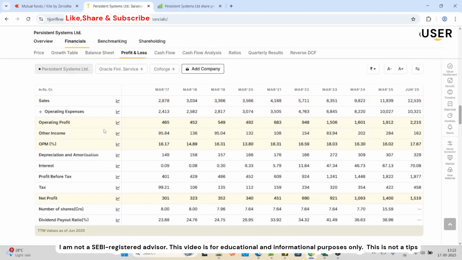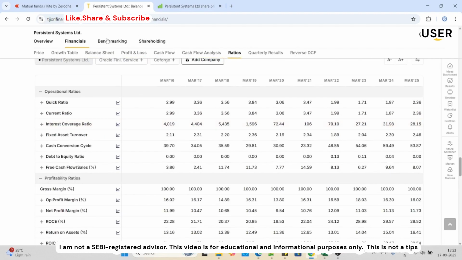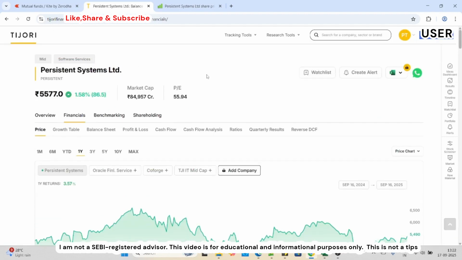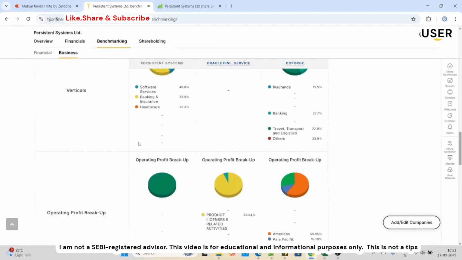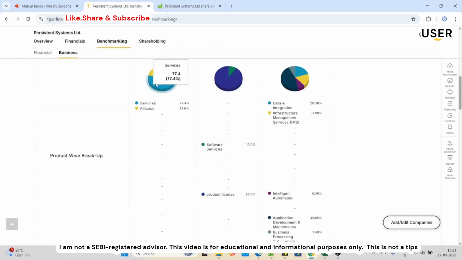You can also check the FIIs and DIIs data. Benchmarking, some projects or pipeline projects have also been given. This is very useful for dashboards and reports.